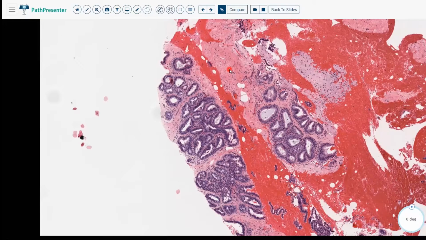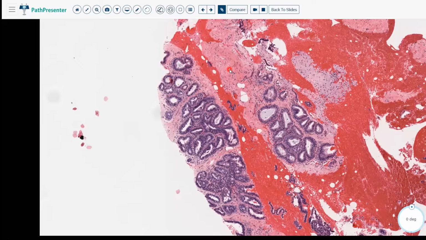So just be descriptive as much as you can. I told you before, it is not about trying to reach the final diagnosis, but about being a little bit descriptive.